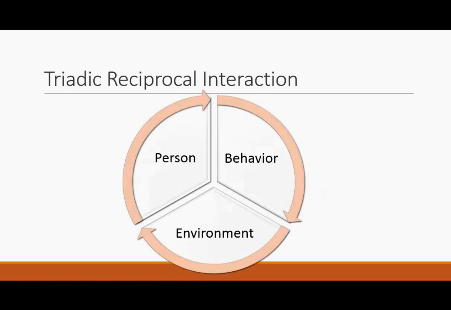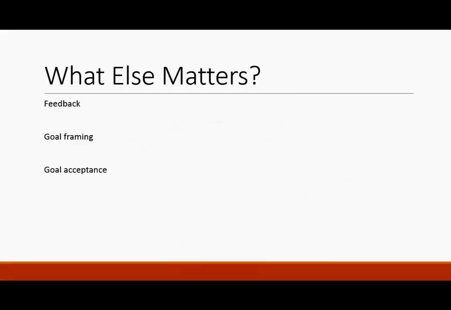You can think about it starting in any one of these places: the person being the start, the environment being the start, or the behavior being the start. This is called triadic reciprocal. Triadic meaning three parts. Reciprocal meaning they influence each other, and that interaction is a dynamic between them.